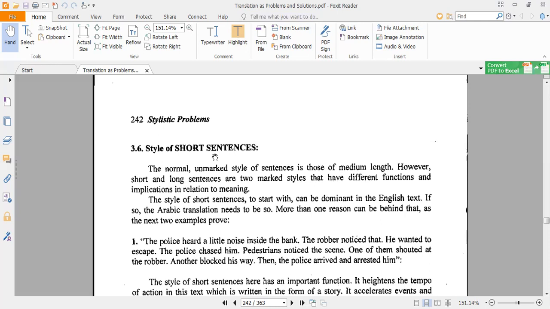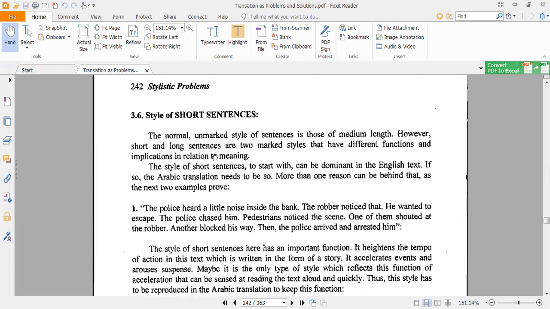Okay, now today we are going to talk about a new area of difficulties, which is stylistic difficulties, or difficulties at the stylistic level. To start with the style of short sentences, actually, we have three general styles of sentences.